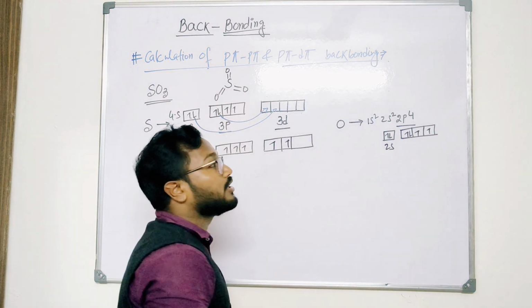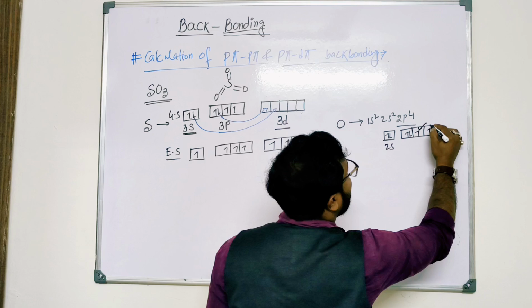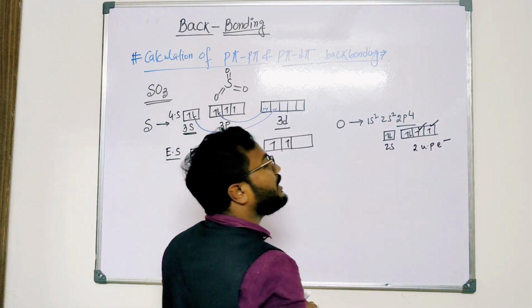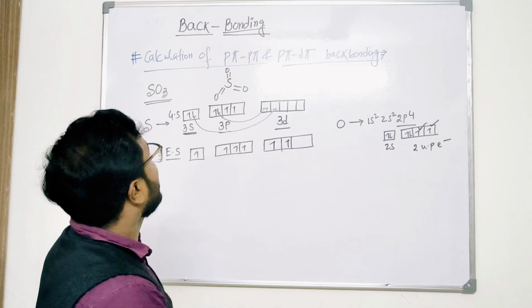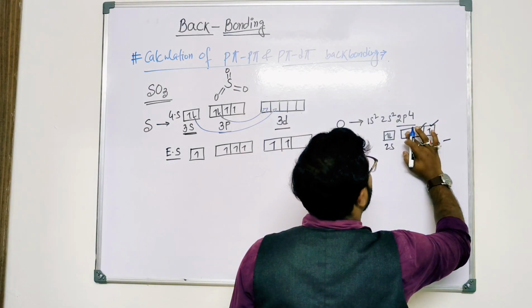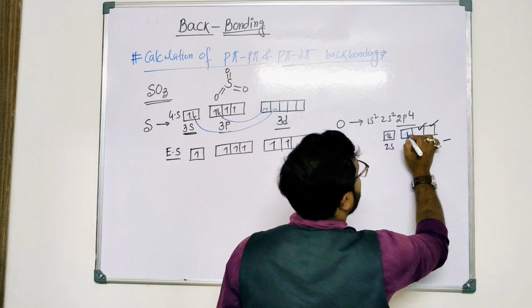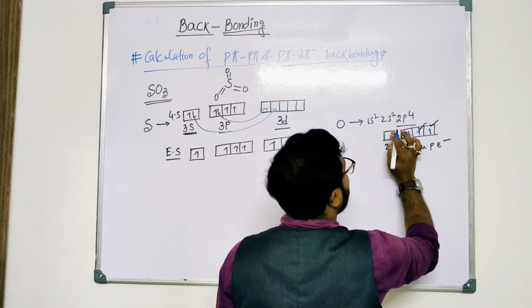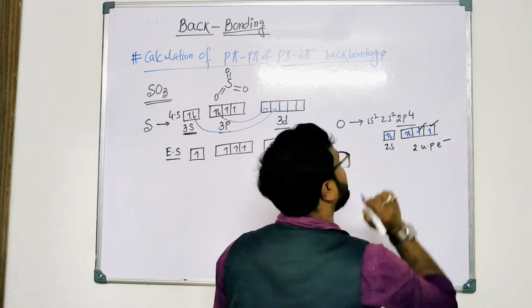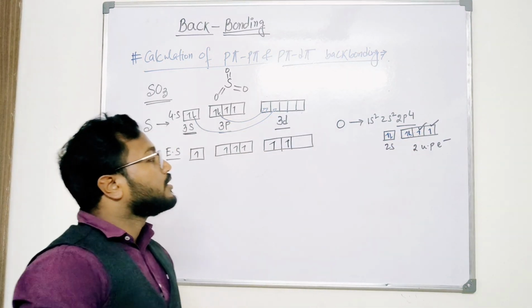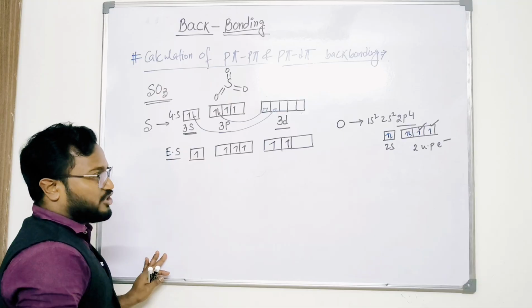You can check, for each oxygen there are two unpaired electrons. Let us show oxygen in another color, so that when we mix up the elements, it will be easier for you to understand which electron is jumping in which place. So this is the 2p and 2s electron arrangement.